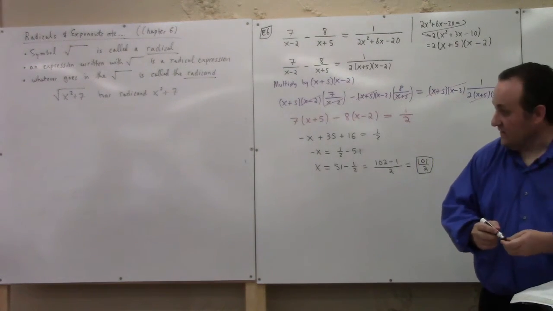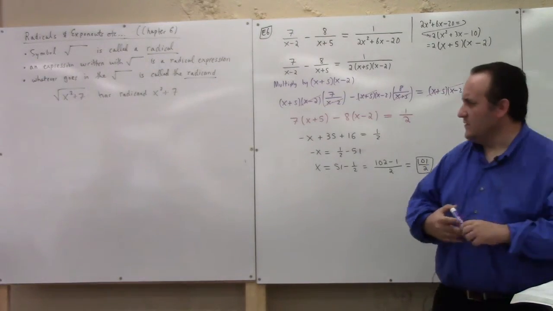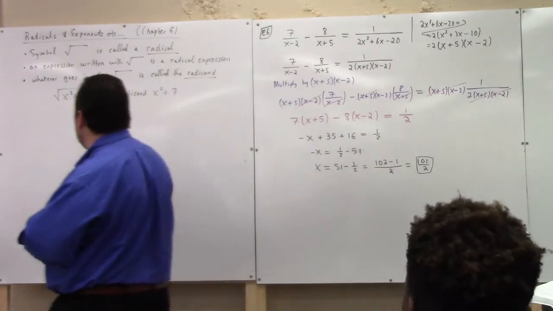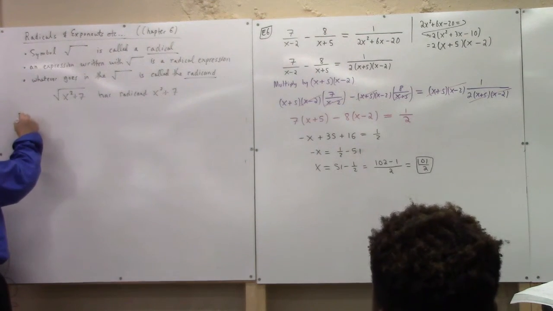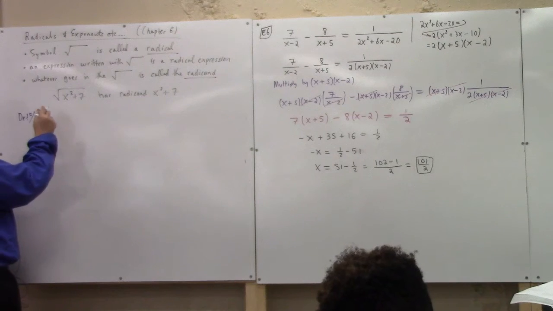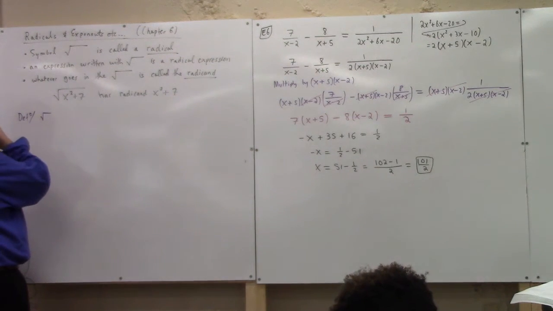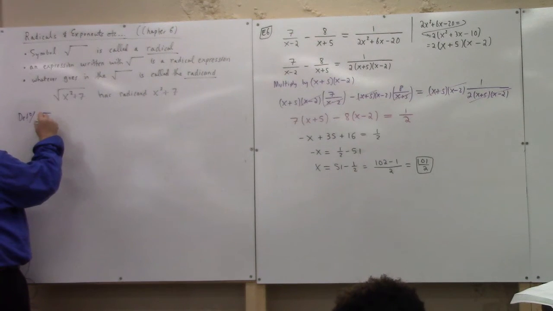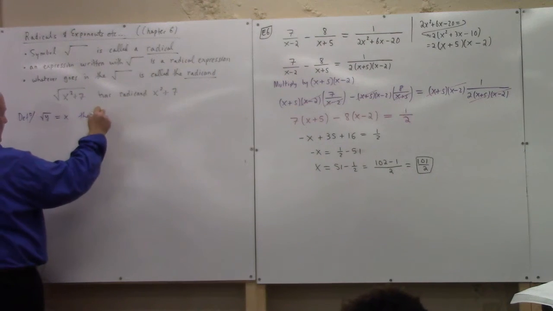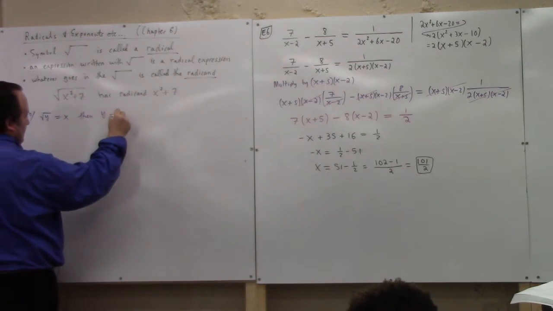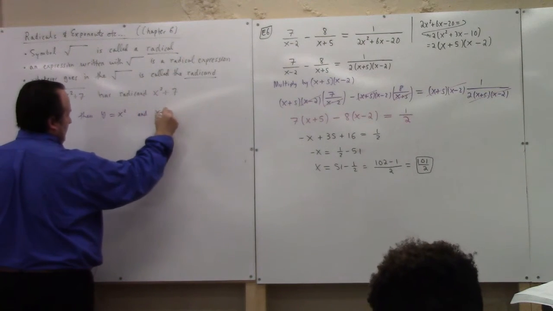So some things I should tell you about square root, because I don't know if we've talked about square root much in here before. Maybe early on we did a little bit. So, definition: if we say the square root of y equals x, then that means that y is equal to x squared, and x is greater than or equal to 0.